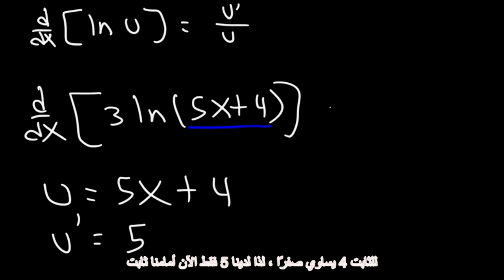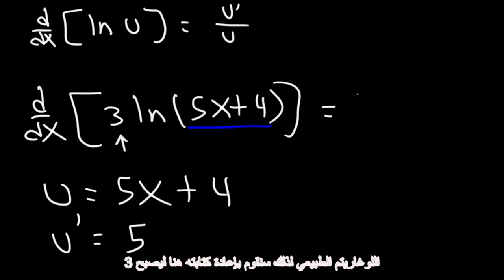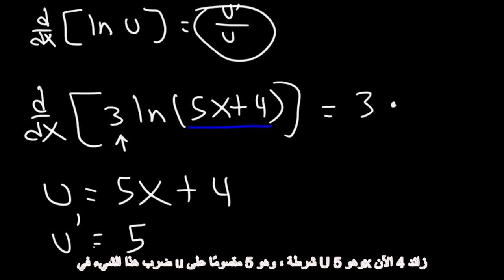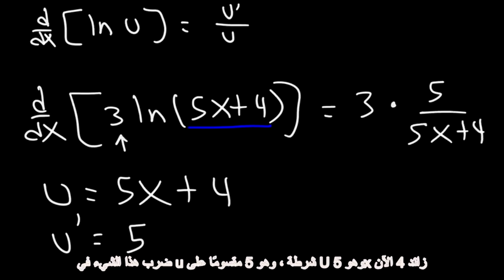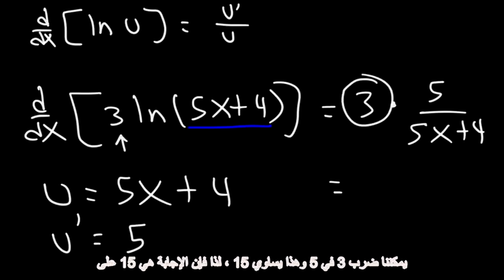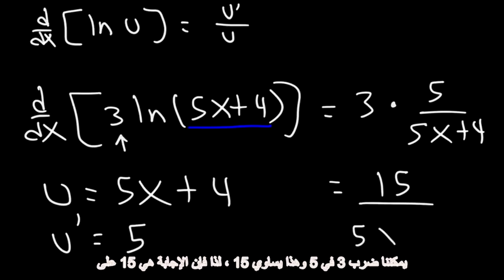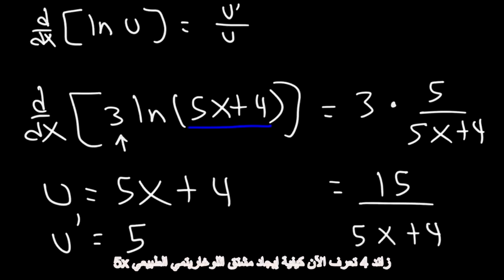So it's just 5. Now we do have a constant in front of the natural log, so we're going to rewrite that here. So it's going to be 3 times u prime, which is 5, divided by u, which is 5x plus 4. So now we can multiply 3 times 5, and that's going to be 15. So the answer is 15 over 5x plus 4.